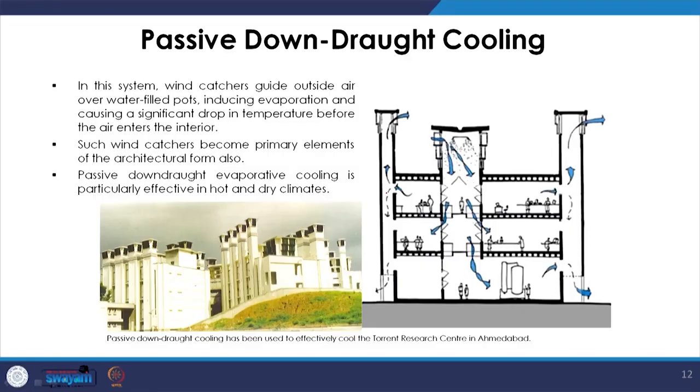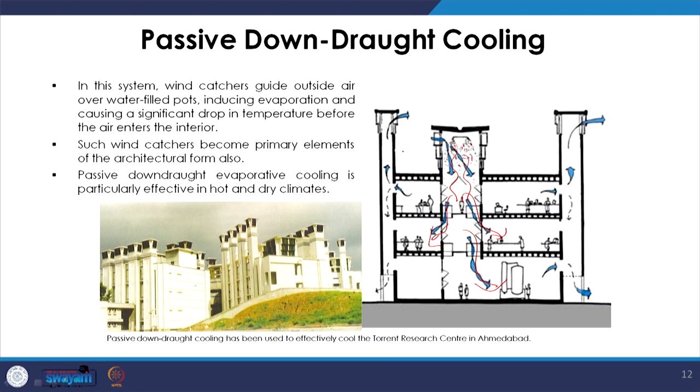Passive down draught cooling I have recently explained as an improvised version of a wind tower, where water is sprinkled on the air and subsequently the air cools down, and when it enters the habitable areas, it becomes quite comfortable, it comes at a comfortable temperature.